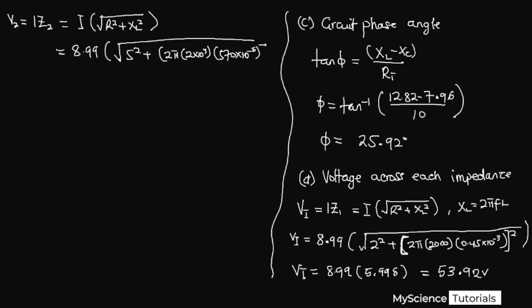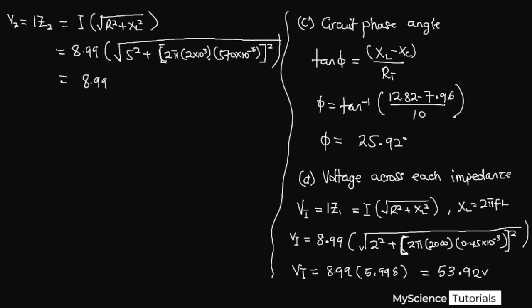And then all this in a big bracket squared. Don't forget to square it, because 2 pi F L is the inductive reactance XL, so we need to square it. Now this will give me, I still have my 8.99 here.